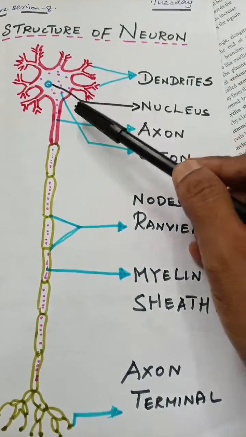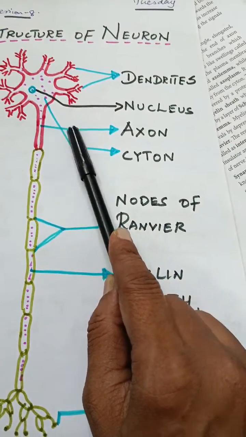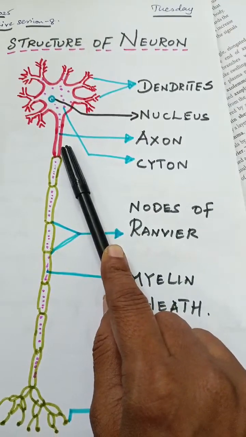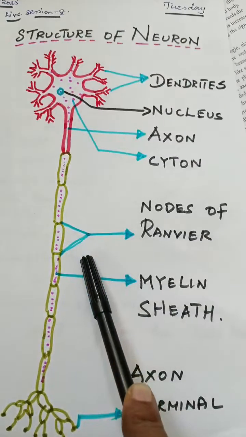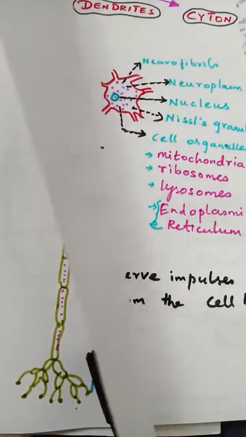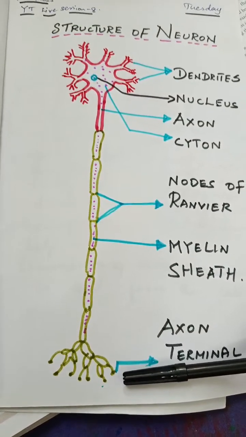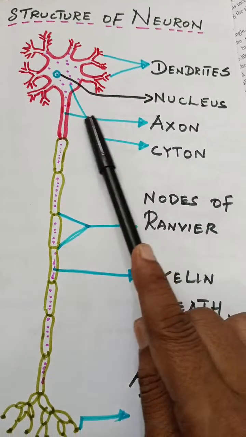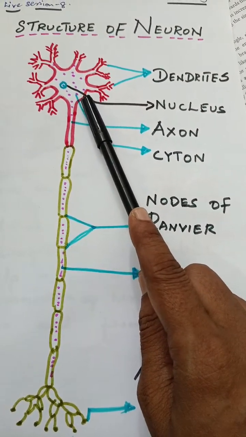And then there is another slender extension from the cytoplasm, which is continuous through the myelin sheath, and continuous through the axon, till the end, where the synaptic knobs will be there. So the axon is continuous from the cytoplasm of the nerve cell.